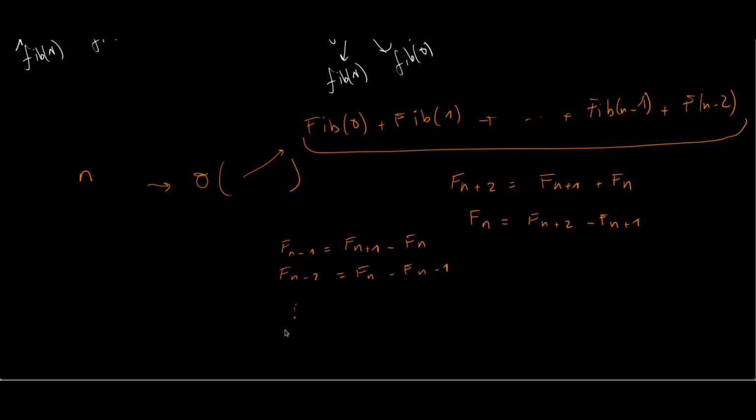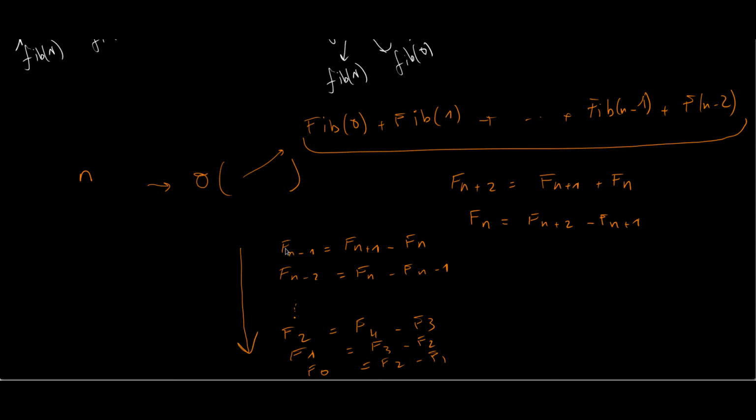And the same will go all the way down to f of 2, for example. So this will be equal to f of 4 minus f of 3, and f of 1 will be equal to f of 3 minus f of 2, and f of 0 will be equal to f of 2 minus f of 1.